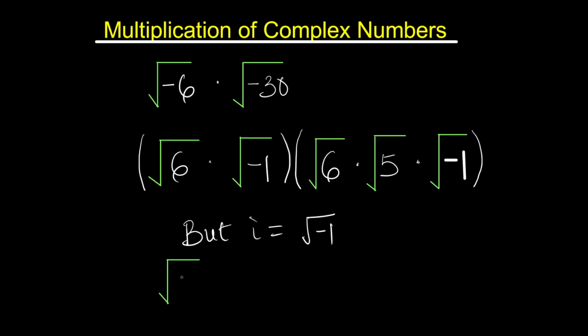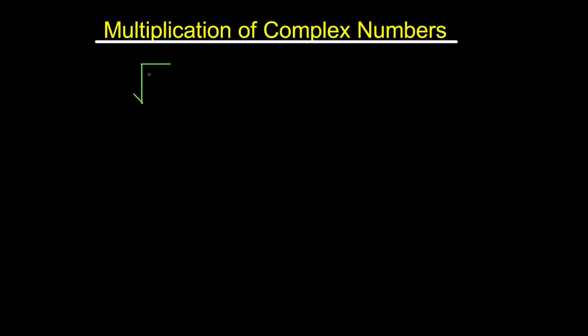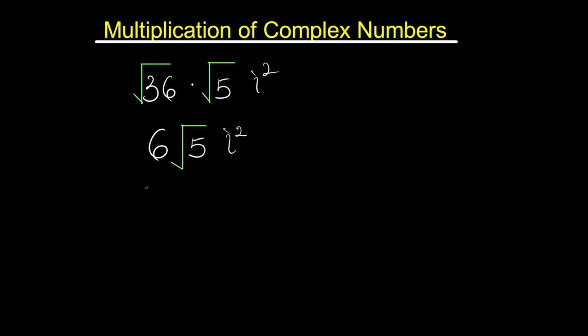Hence, we are going to have square root of 6 i multiplied with square root of 6 times square root of 5 i. But square root of 6 times square root of 6 is equal to square root of 36 times square root of 5 i squared. But square root of 36 is 6. Hence, we are going to have 6 root 5 i squared.